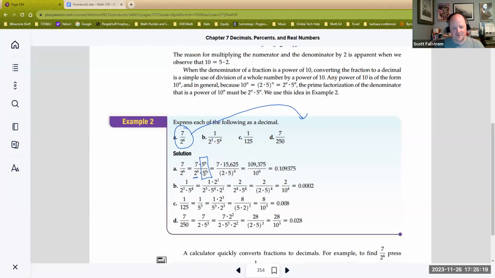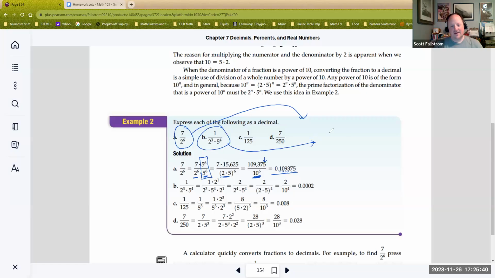So if I have 6 2s, I need 6 5s. Multiply them, and you will get 10 to the 6th power. Not a coincidence. Then move that decimal 6 places, and there you are. You could also draw in the 6 place values like I did before, and just write your number in starting from the right.